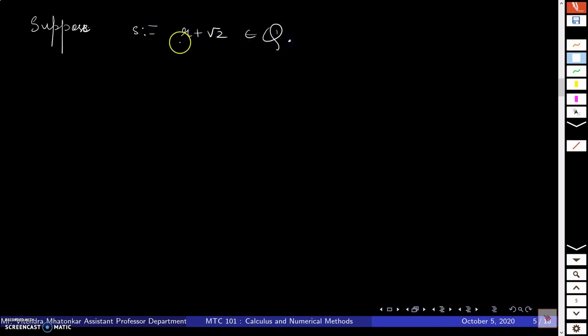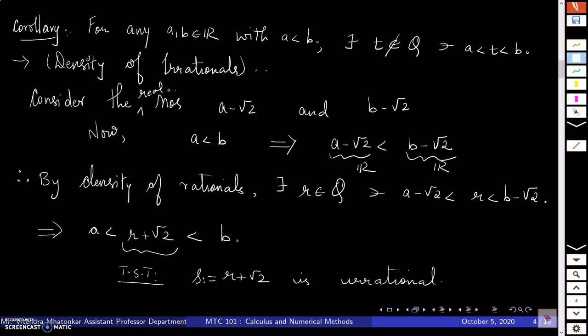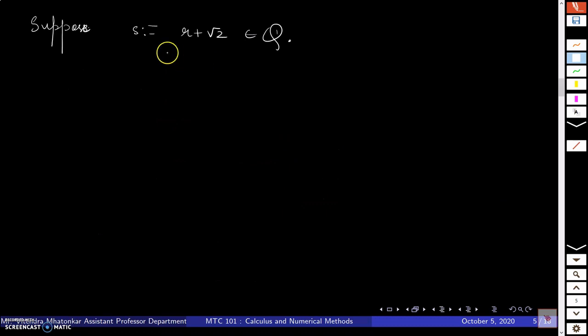If it's a rational number, we should be able to write it as a quotient of two integers m and n, where the denominator n is not equal to 0. Now S is a rational, that's what we are assuming, and from my previous data, we already know that r is a rational number. That means I can rewrite this as S minus r is equal to root 2.